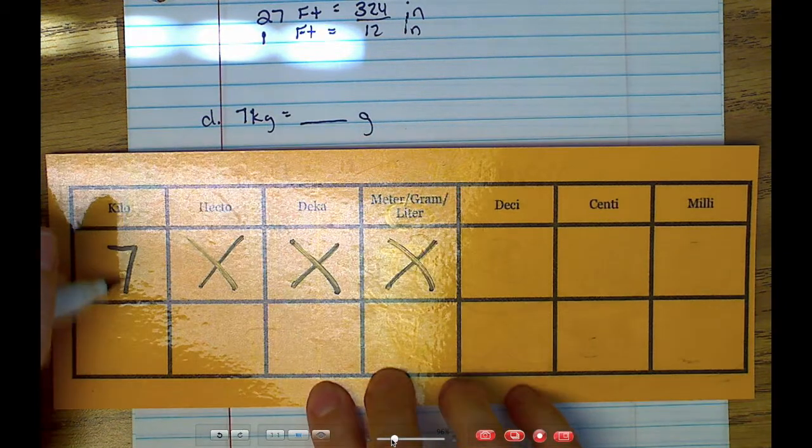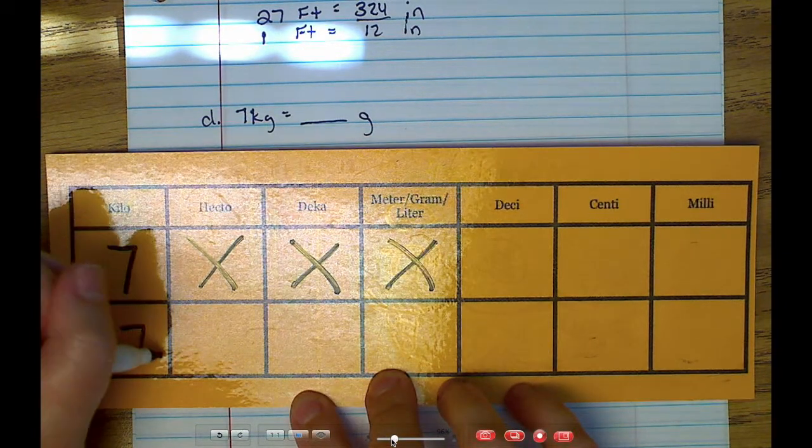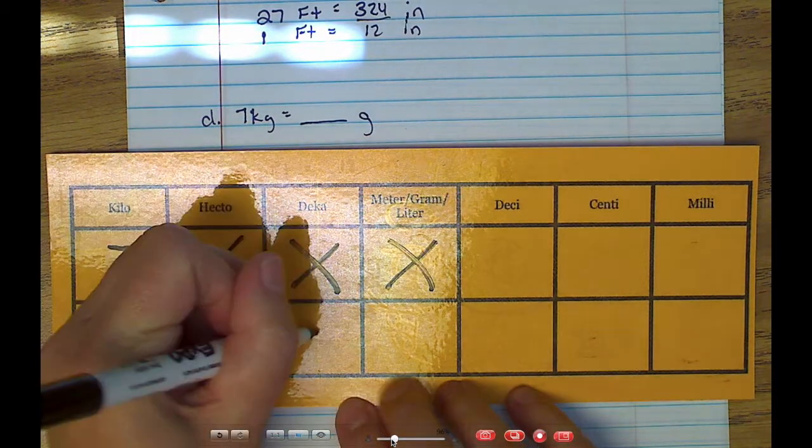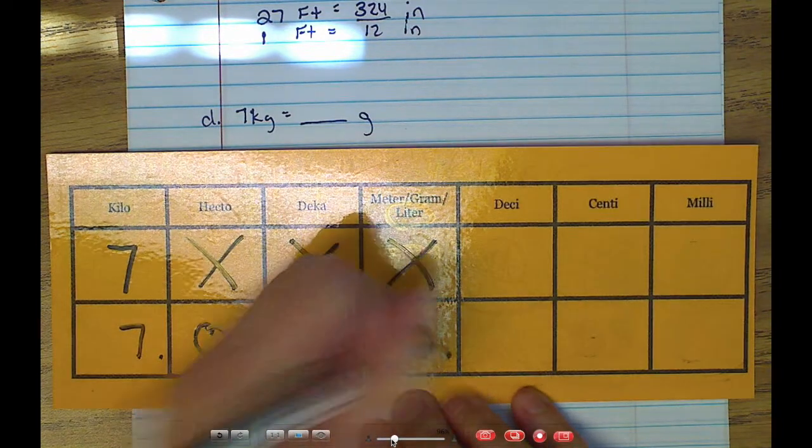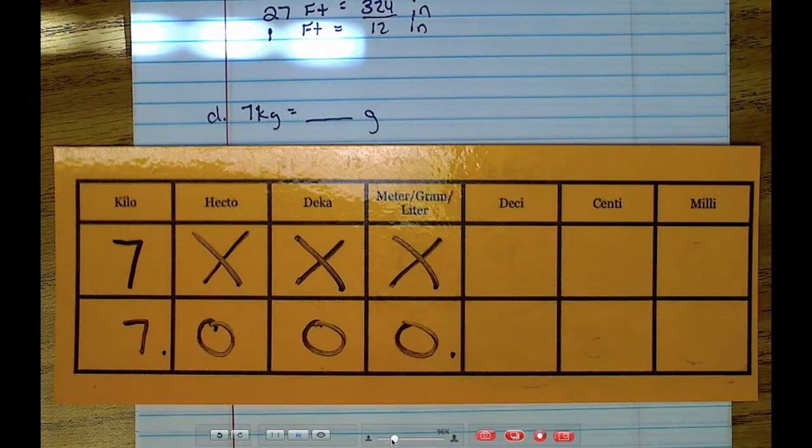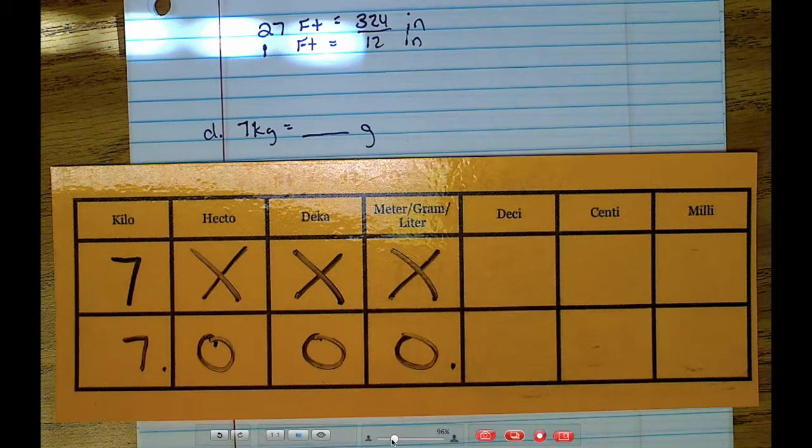So here's my decimal, right here. 1, 2, 3. That's easy, isn't it? See? The Europeans, they've got it all figured out. Us, we have to do everything the hard way. So how many kilograms are in 1 gram? Ruth?